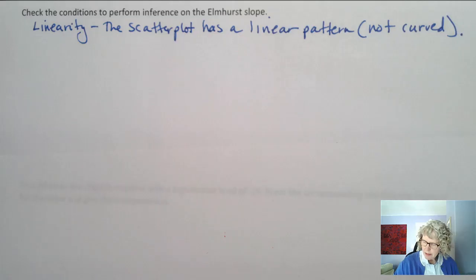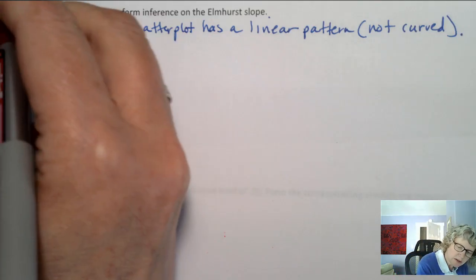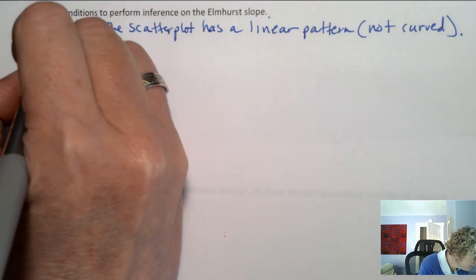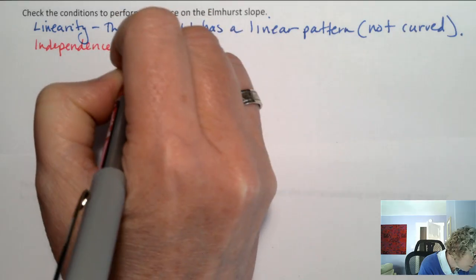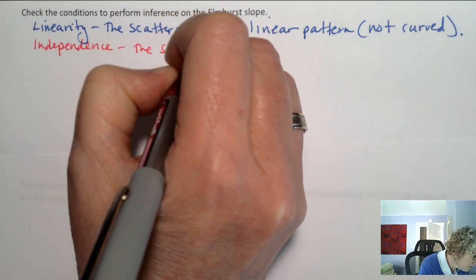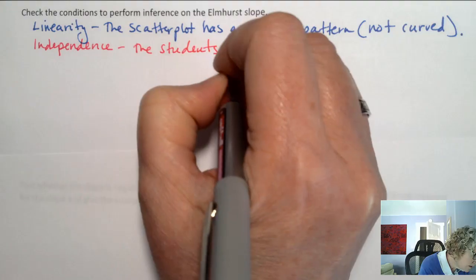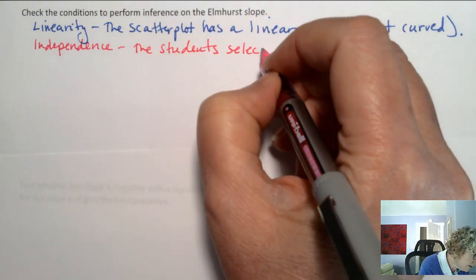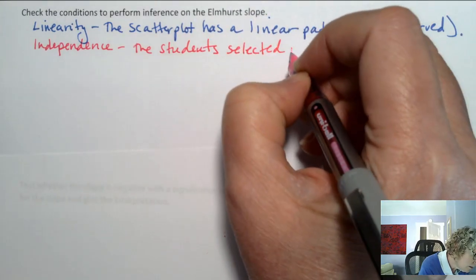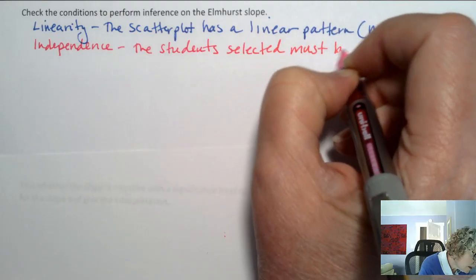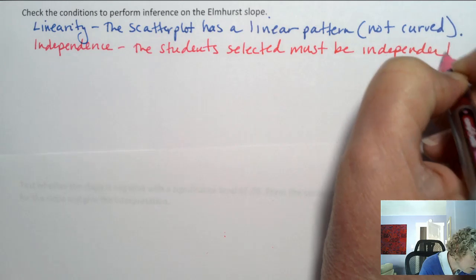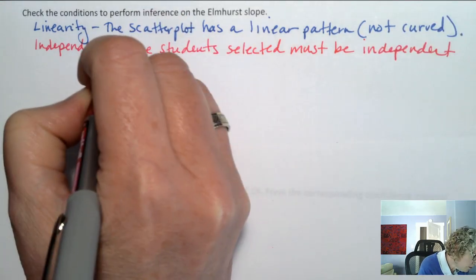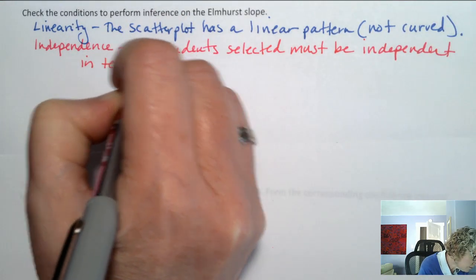Next is independence. So the students selected, the subjects selected, and they're randomly selected, must be independent in terms of both variables.